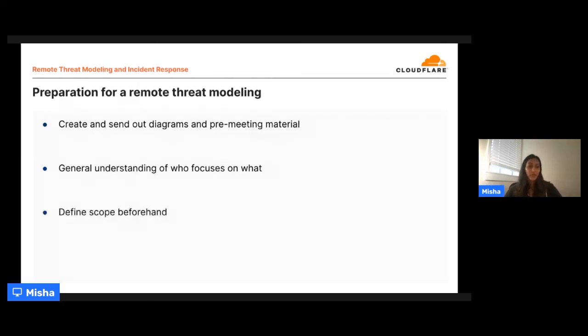So define scope beforehand. Ideally, you would know if you're trying to do a high-level overview, or if you're looking into a specific aspect of it. Speaks for itself. And then again, explain or share foundational knowledge. Tribal knowledge and unintentional knowledge hoarding, basically, can really lead to inefficiencies in an organization.